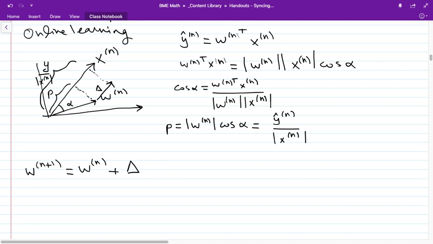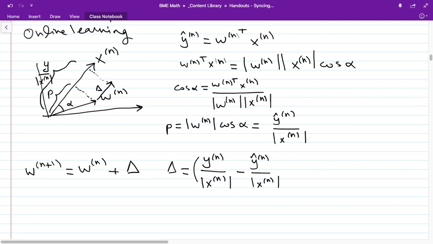Well, this delta is the difference between this quantity, y of n divided by x of n, and p, which is my prediction, y hat divided by x of n. So delta is this vector: y of n divided by x of n, which is what I should have gotten, minus what I did, which is y hat.